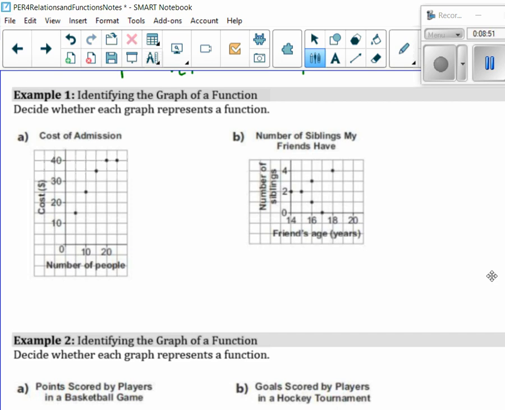So Jace, is A a function or not? Yep, it is. Function. Emily, is B a function? Nope. Not a function. Okay, and where did it fail? Right there, right? Yes?